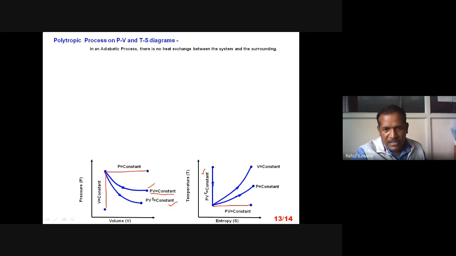If the polytropic index is 1.4, it will follow PV raised to the power gamma equals constant. So it is always in between: PV raised to the power n is constant. By mistake it is drawn here, but actually your curve should be here, between 1 and 1.4.